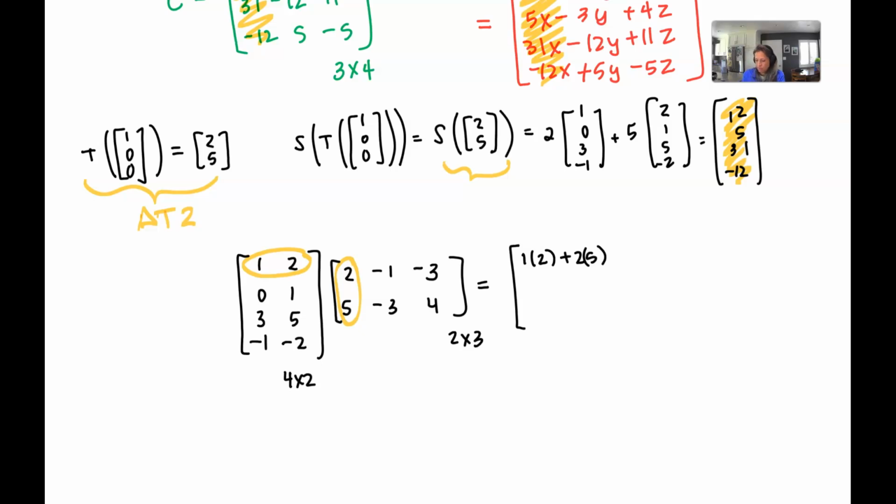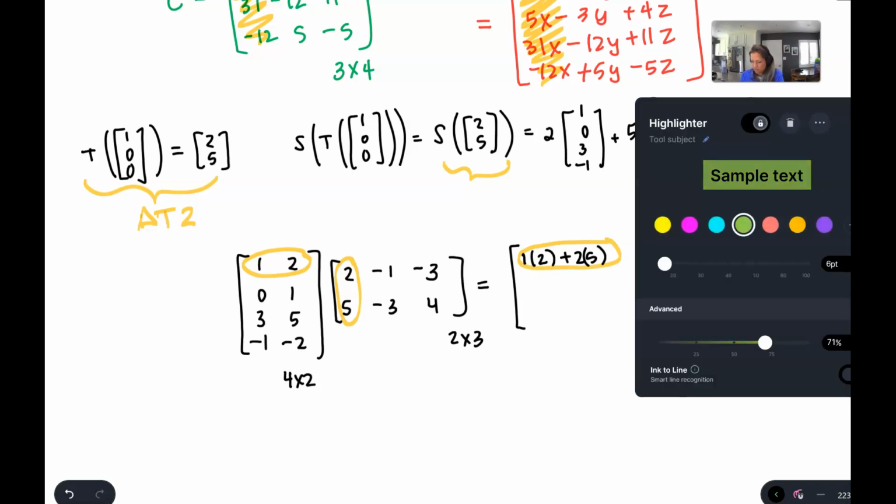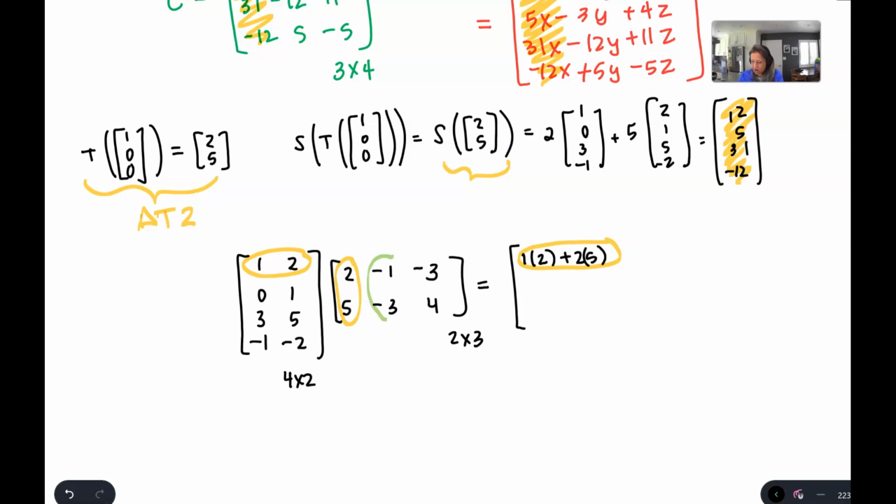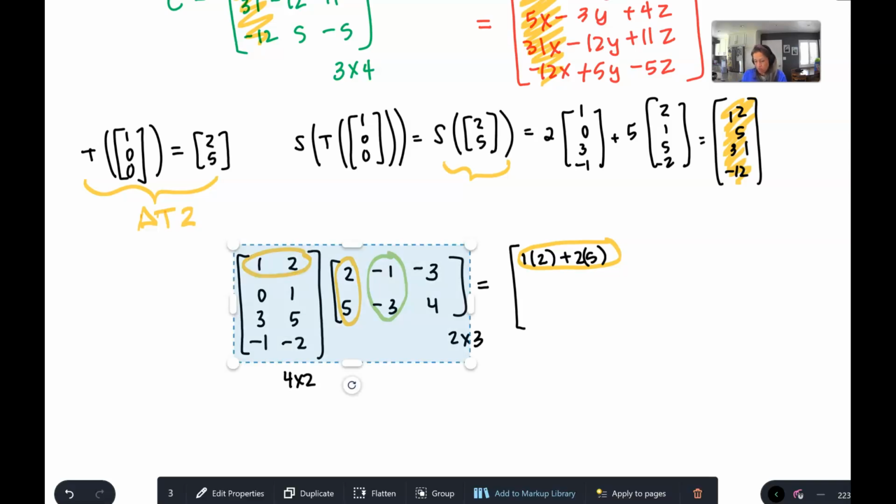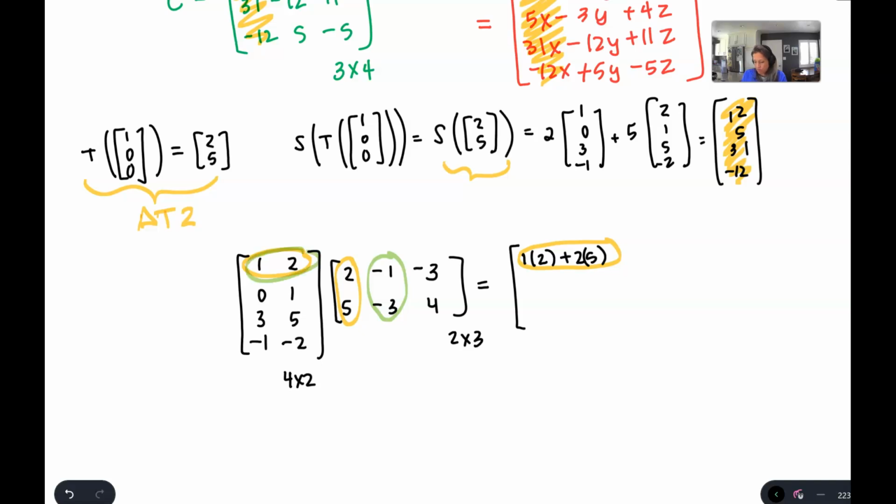Then we'd move over. I'll circle this so we can see where it came from. If I want to move to the next column, I'm still talking about row 1, but I multiply it by my second column. That means I'm going to be in row 1, column 2 of my resulting matrix. So in this case, 1 times -1 plus 2 times -3.